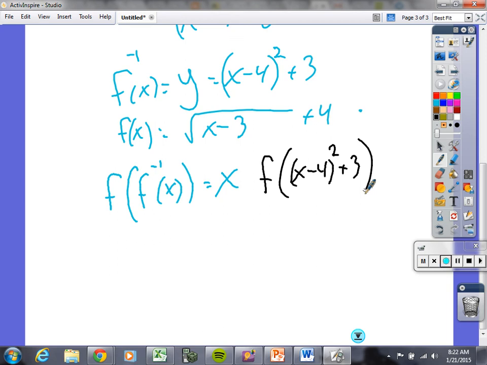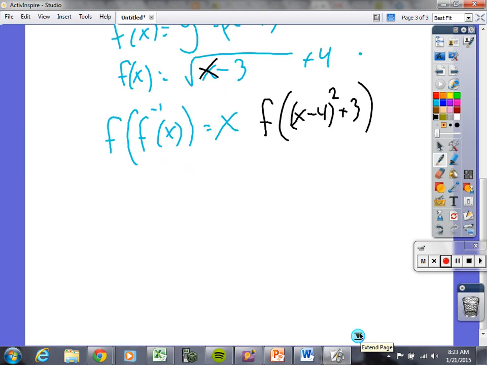So therefore, I am plugging this stuff right here in for that x right there, am I not? Okay, so here we go. I'm going to say, okay, square root of this stuff. Now once again, what did I always tell you to do when you insert something? Put parentheses around it.